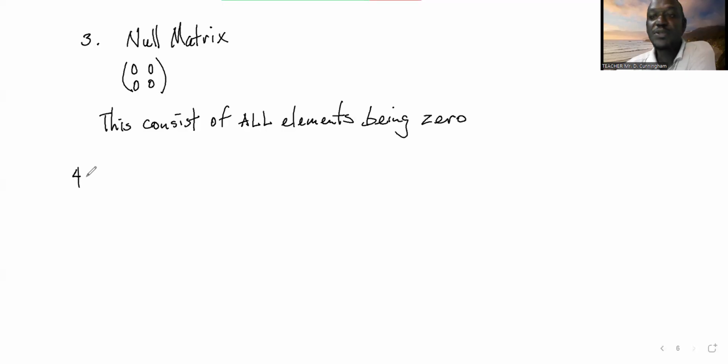So what we looked at so far, we looked at the column matrix. Then we looked at a square matrix. So the column was just the elements of one column, right? One vertical column matrix. Then we had the square matrix. And now we have a null matrix. Number 4.